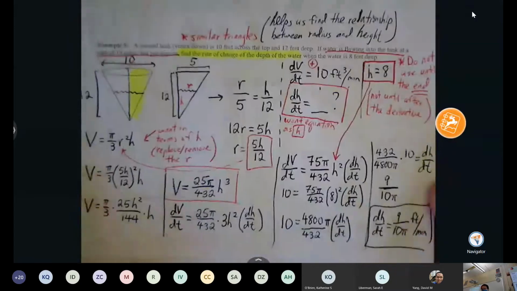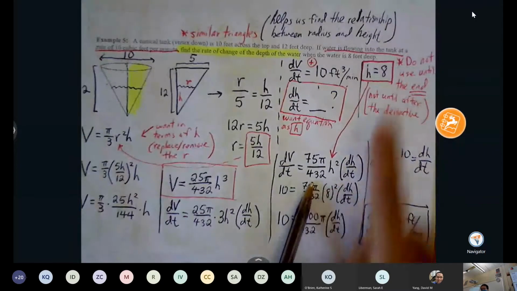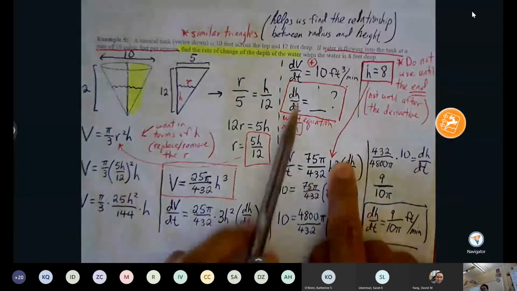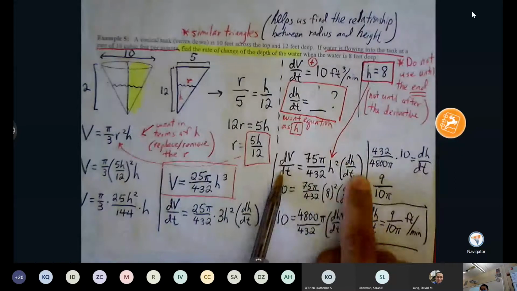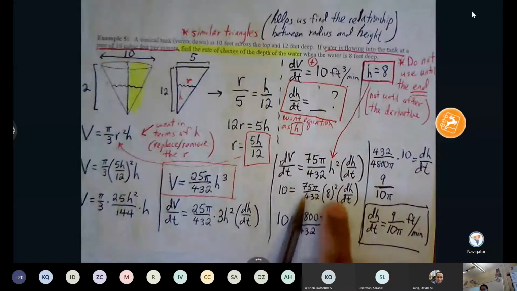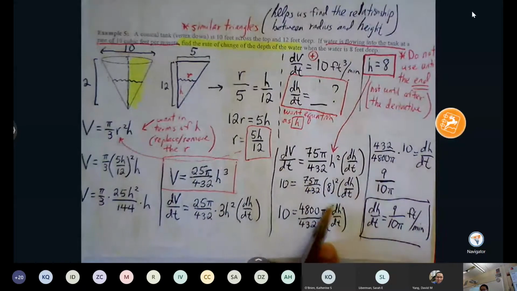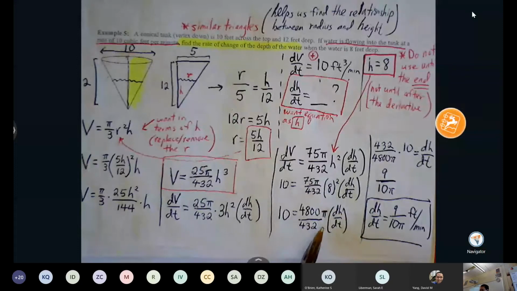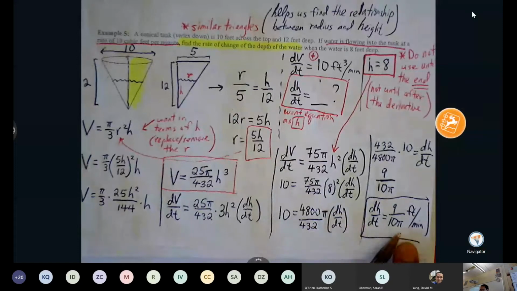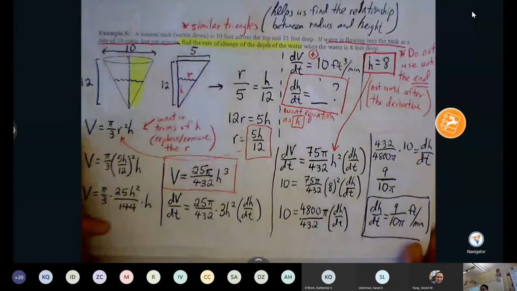And once we have this, now we're ready to start putting information in. 8 goes in for h, 10 goes in for dv dt. We go through a series of combining values together. Leave pi out of your calculator. Don't put pi in the calculator because we want to hold on to pi in our final answer.